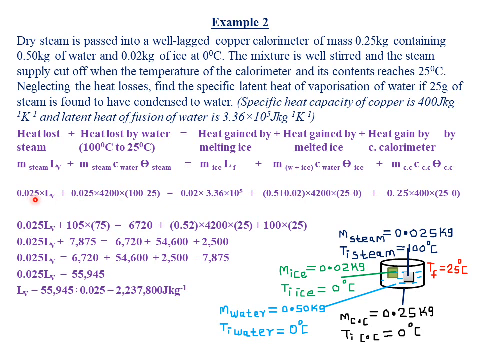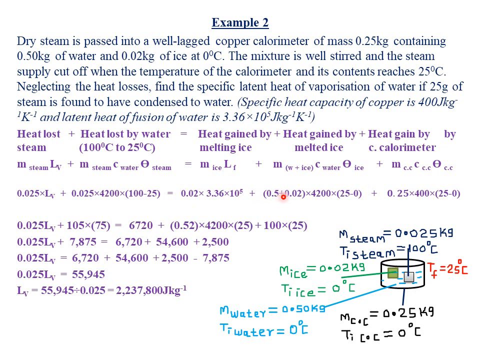So if you take 0.025 multiplied by Lv, you'll just get 0.025 Lv. Then 0.025 multiplied by 4200, you'll simply obtain 105. Then of course 100 minus 25, you'll obtain 75. Being equal to 0.02 multiplied by 3.36 times 10 to the power 5, you'll simply obtain 6720.